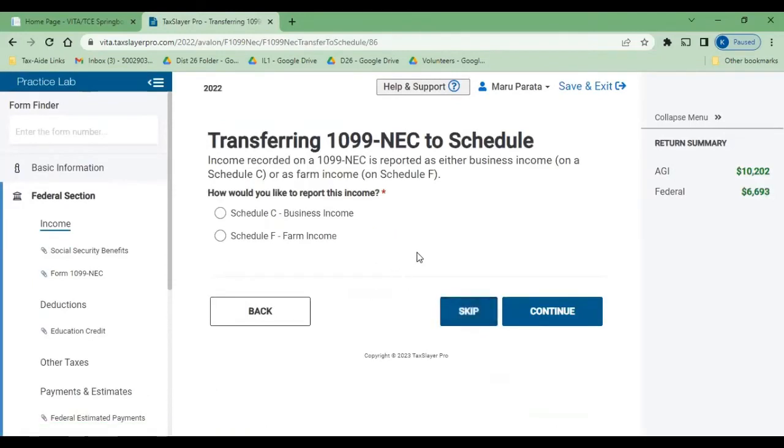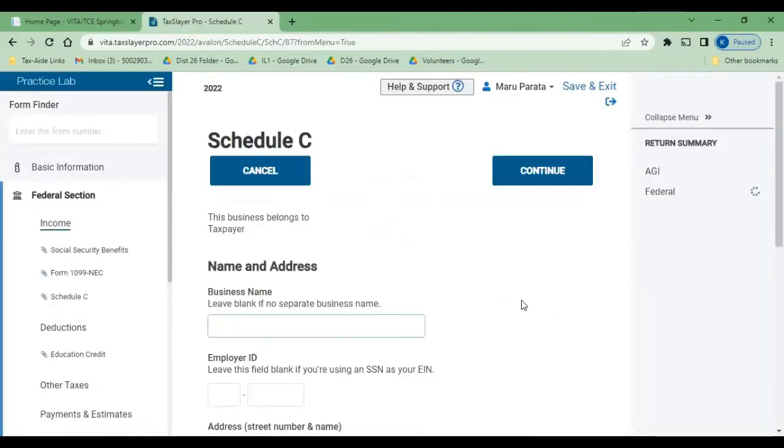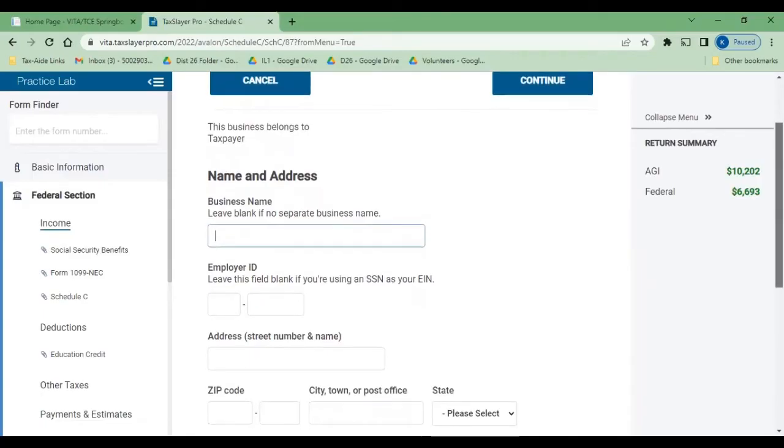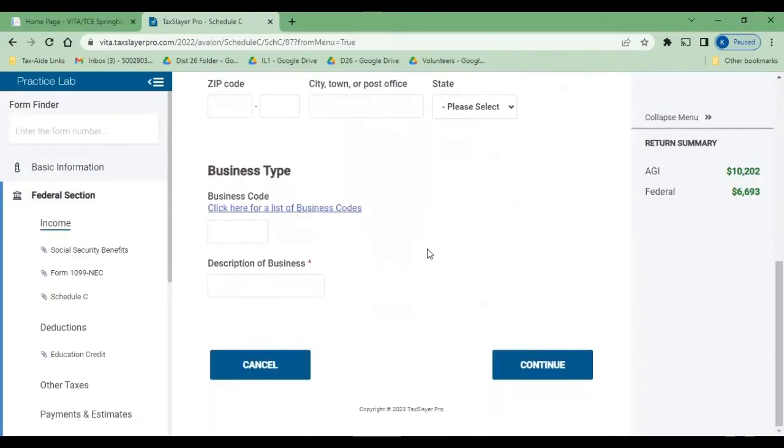It asks me, where do I want this income reported? I want it to be included as Schedule C. I'll click continue. This opens the basic information about your business screen. I don't have a separate business name or identification number or address, so I'll just scroll down. I do need to select a business type.